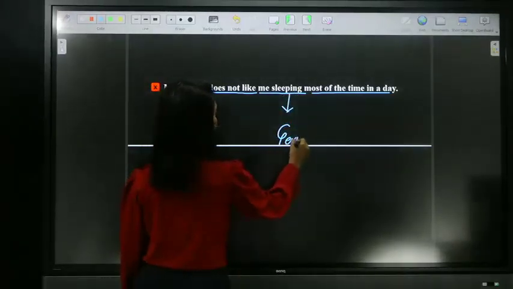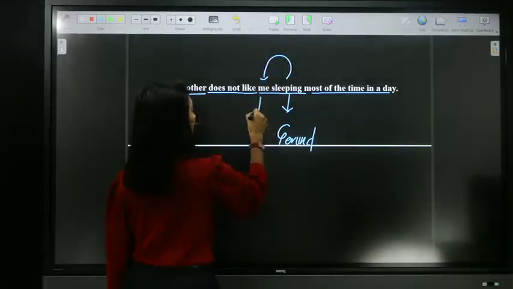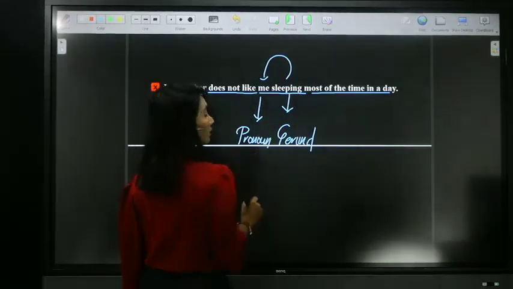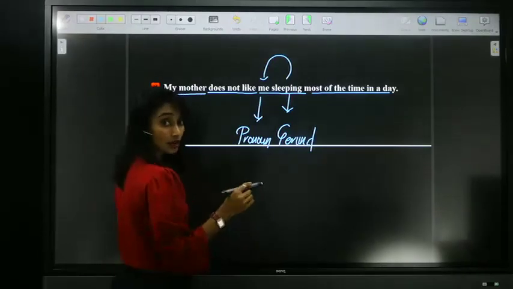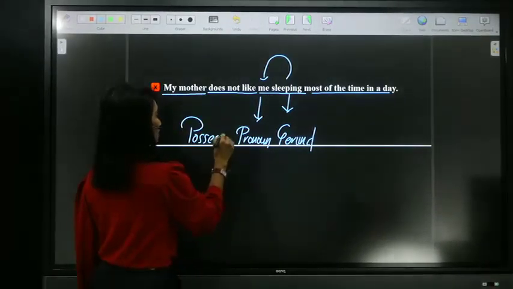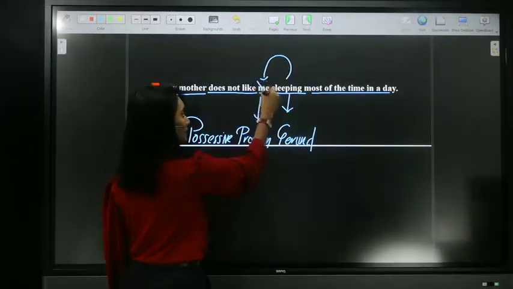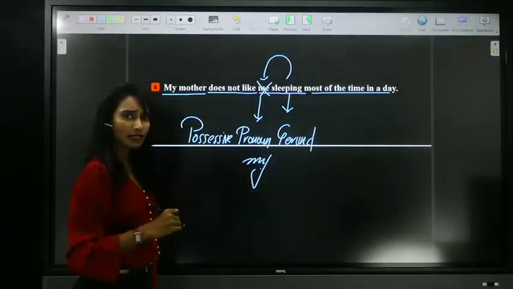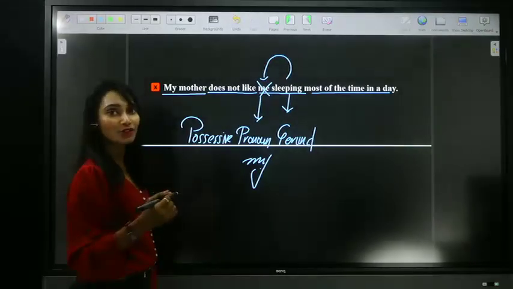Sleeping is a gerund. So the precedent of gerund here is a pronoun. I told you, if the precedent of a gerund is a pronoun or a noun, that must be a possessive pronoun, right? So you have to replace me with my sleeping. Would you mind my coming to the party? Would you mind his coming to the party?